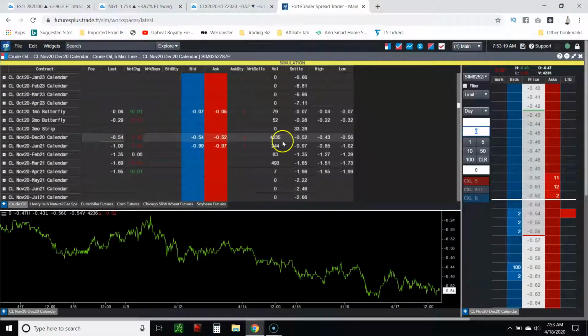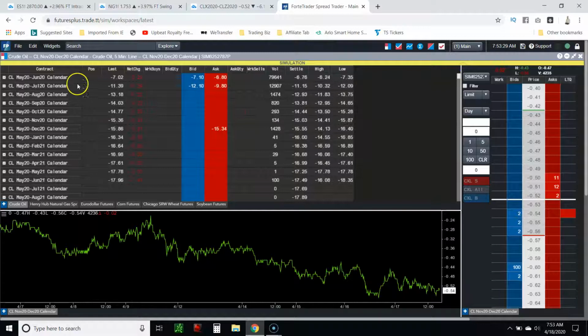Come in here and trade multiple contracts if you have the size for it, the risk tolerance, and you have the account. Actually, your risk tolerance is safer over here than doing a single lot way up here. You're going to feel that burn. I told people in the old YouTube video, the closer you get to that front month, you're going to feel that burn more. And then the more you spread them apart, you're going to feel it too.